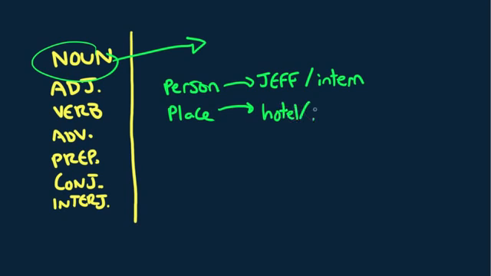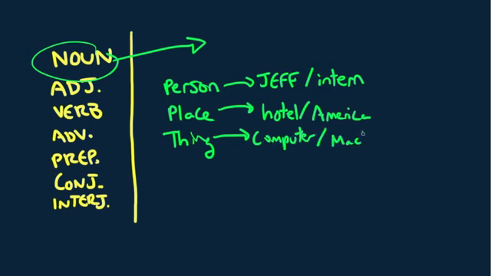Or a named place like America is a place. And we have thing. Thing is also a noun, like computer. Or a MacBook. They're all places. Or things, sorry. So a noun is basically a person, a place, or a thing. That's the basic thing you need to remember dealing with nouns.